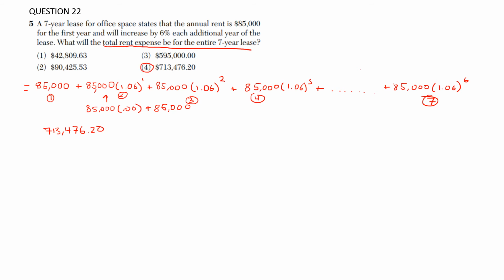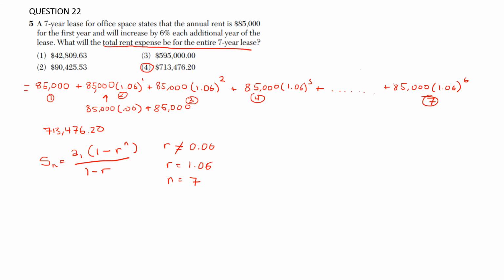But a simpler way would be to initially identify that this is already a geometric series and use the geometric series formula. That formula is S of n equals a1, which is our first term value, times 1 minus the rate to the nth power over 1 minus r. In this case, r is not 0.06. Rather, because we're multiplying by 1.06 every year, r would actually be 1.06. Because we want the seventh year, n would be 7.